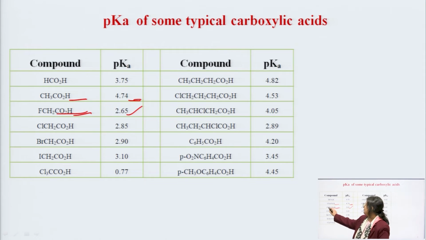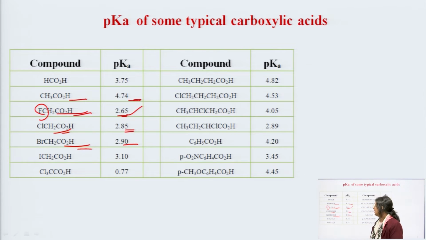Presence of a halogen, as in fluoroacetic acid, increases the acidity, hence decreases the pKa value, which is 2.65. Similarly, chloroacetic acid has a pKa of 2.85. Bromoacetic acid has a pKa of 2.90. Iodoacetic acid has a pKa of 3.10. Trichloroacetic acid has a very small pKa, which is 0.77.